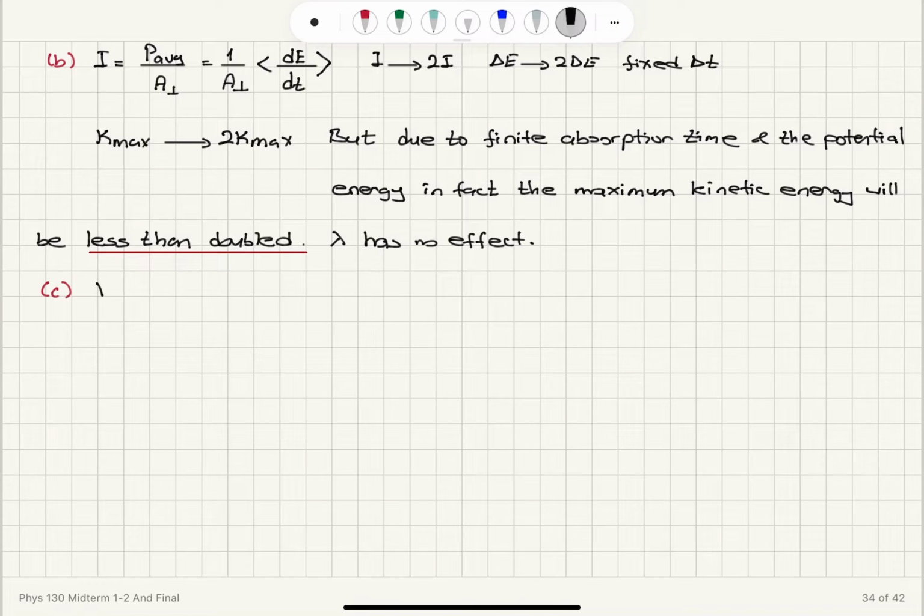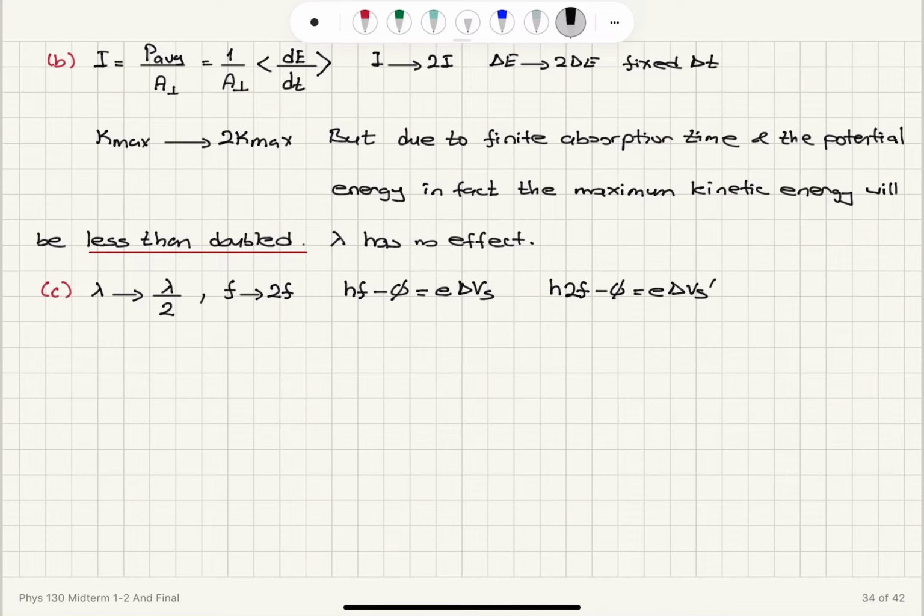Okay, so if the wavelength becomes lambda over 2, this means because we have a constant propagation speed of light, the frequency will be doubled, frequency will become 2f, and the photon energy, hf, minus the work function, the potential energy of the electrons, will be equal to e times delta Vs, which is the maximum kinetic energy. So this h now becomes h times 2f. The work function doesn't change and we have a change in the stopping potential.